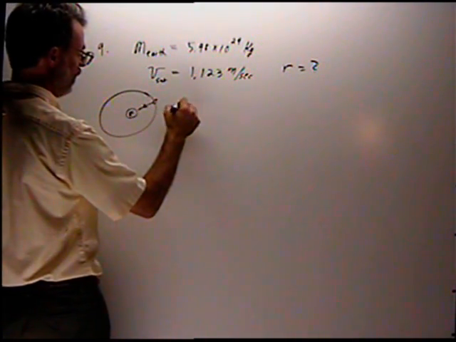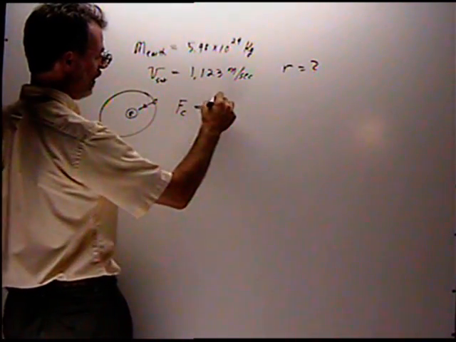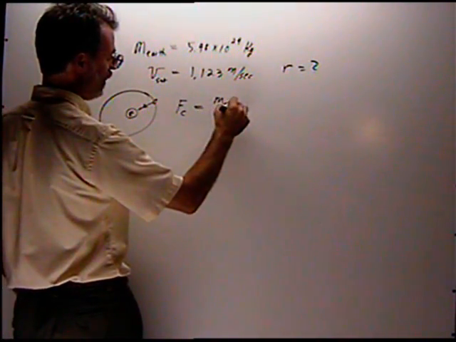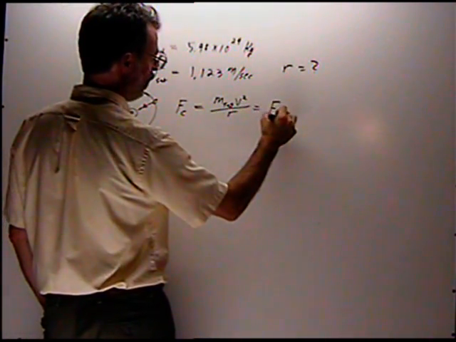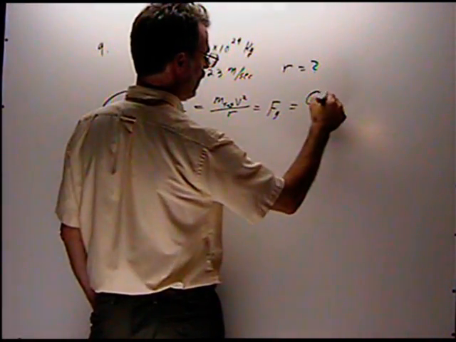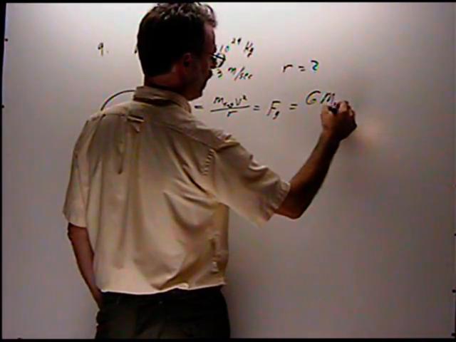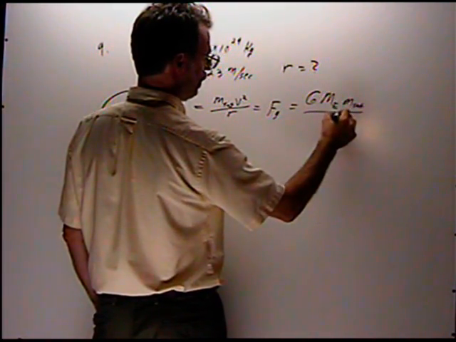The centripetal force of the satellite, m of the satellite times v squared over r, is supplied by the gravitational force between the satellite and the Earth, which is G times the mass of the Earth times the mass of the satellite over r squared.